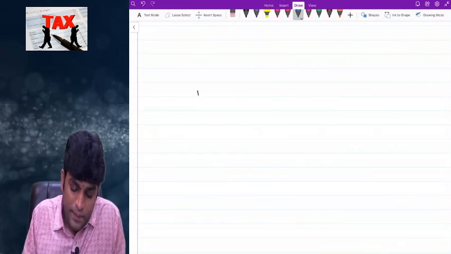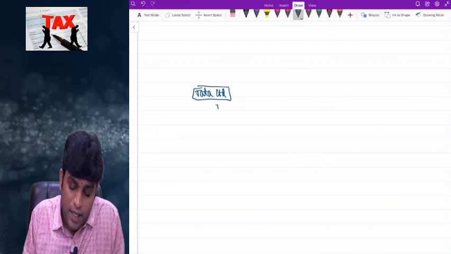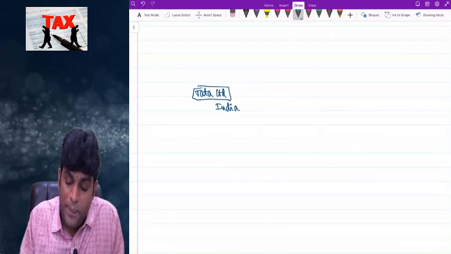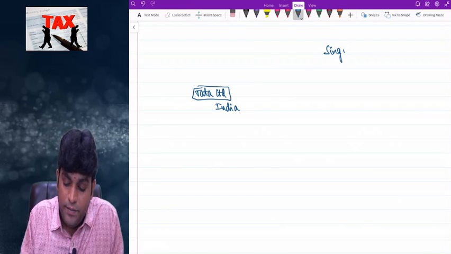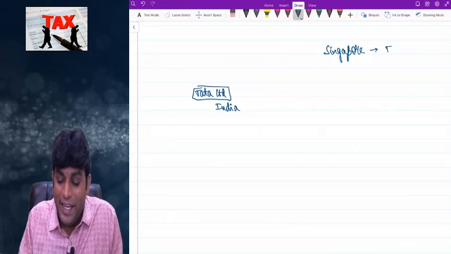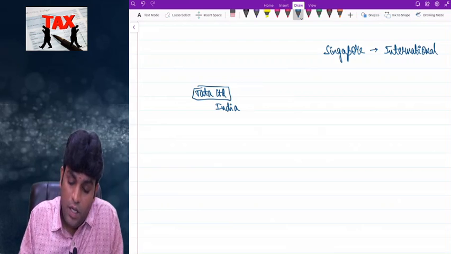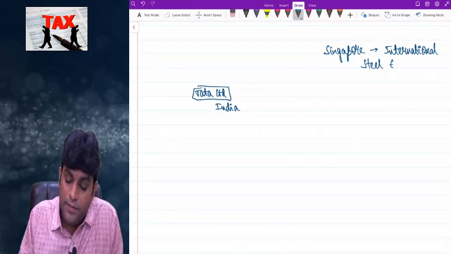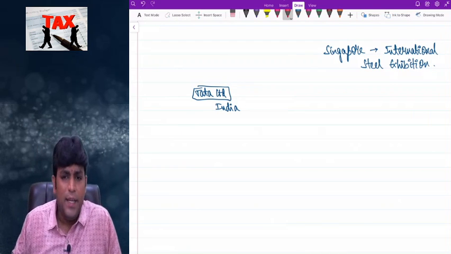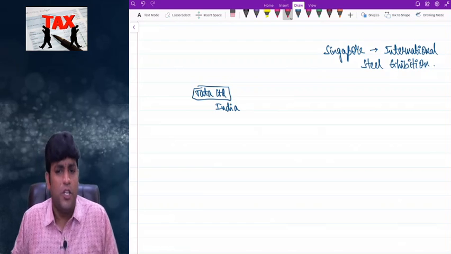Let's say there is Tata Limited in India, and in Singapore there is an international steel exhibition going on.